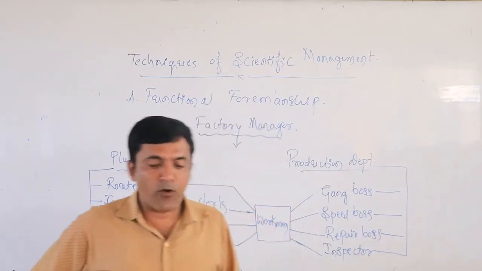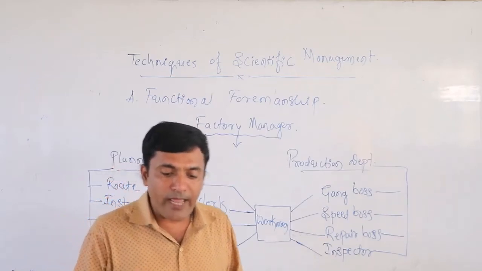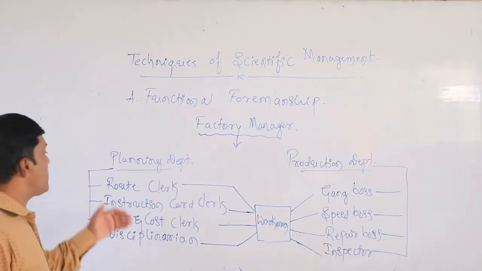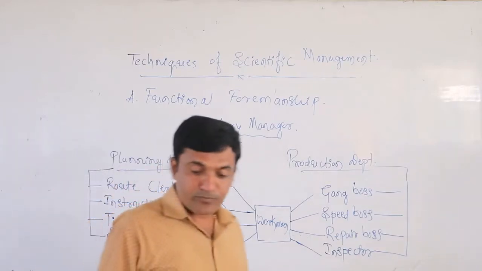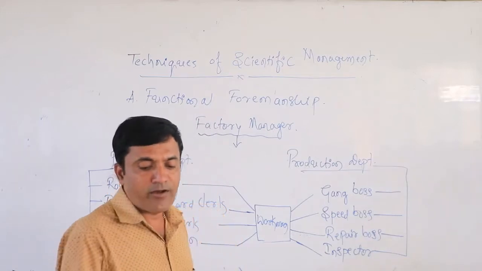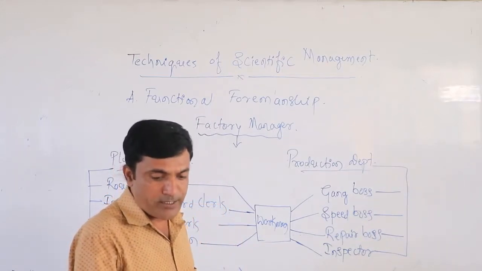Then the next point, each worker will have to take orders from 8 foremen. Look here. So there are 8 foremen over here in the related process of the functions of production.